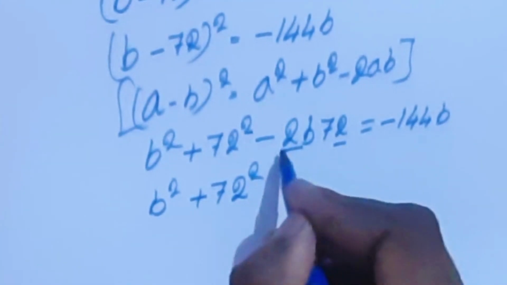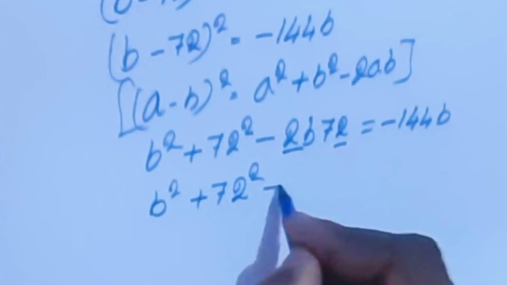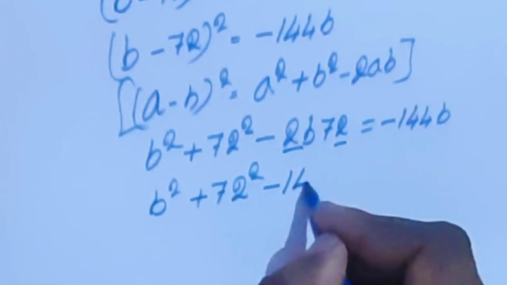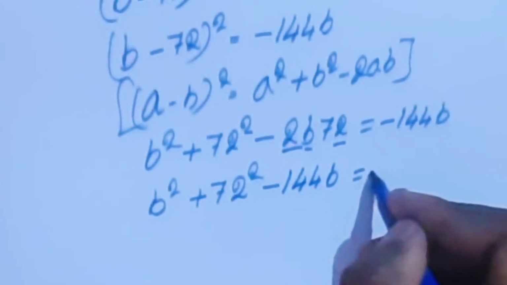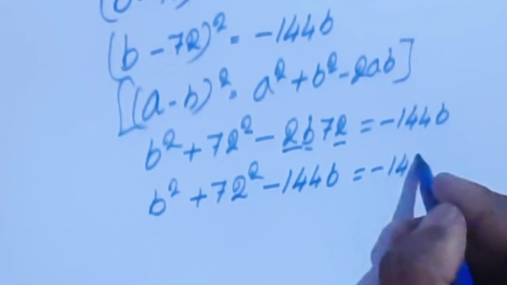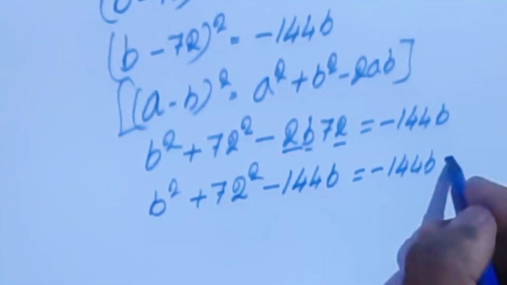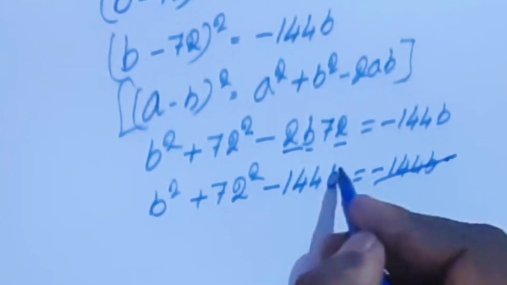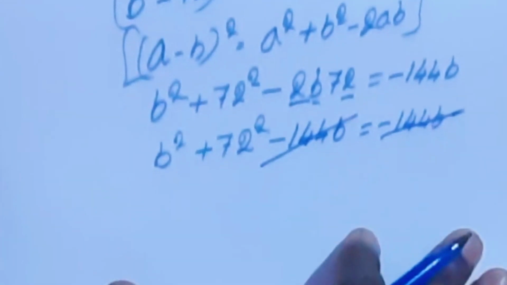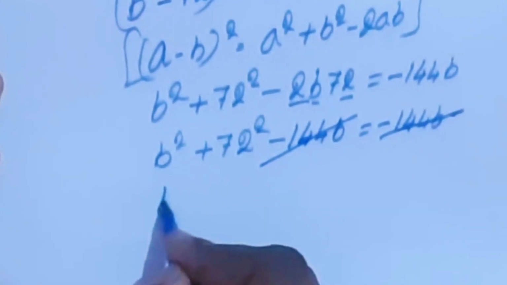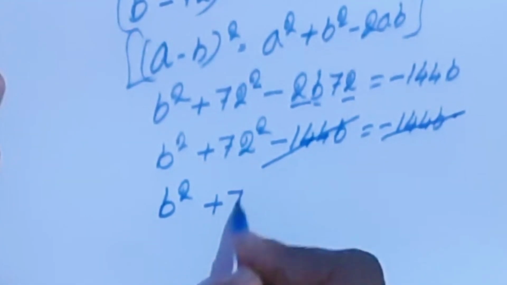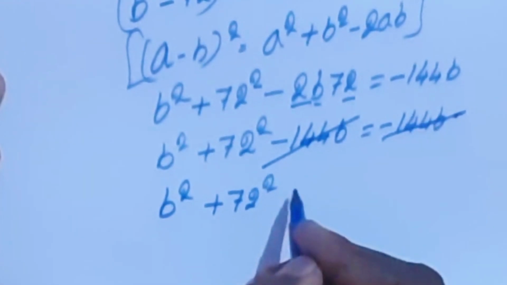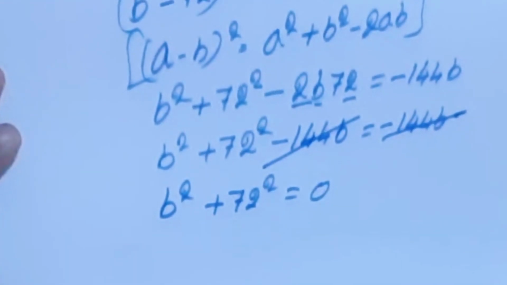Now this is b square plus 72 square. 2 times 72 is 144b, so negative 144b equals minus 144b. The minus 144b cancels on both sides. Here we have b square plus 72 square equals 0.